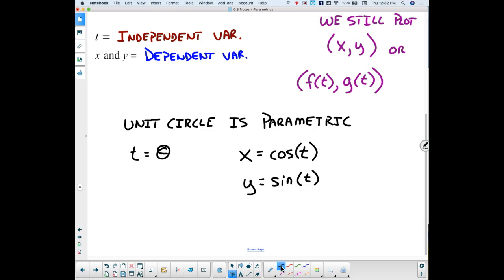So I would plot the point negative square root 3 over 2, comma negative 1/2, and I would be right there on the unit circle where this dot is. And if I continued that, I would get all of my points around the unit circle. So we've been working with a parametric function or parametric equation for a while.